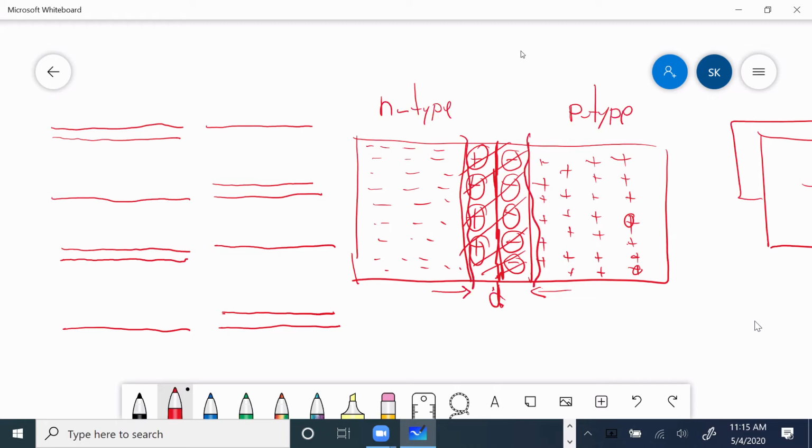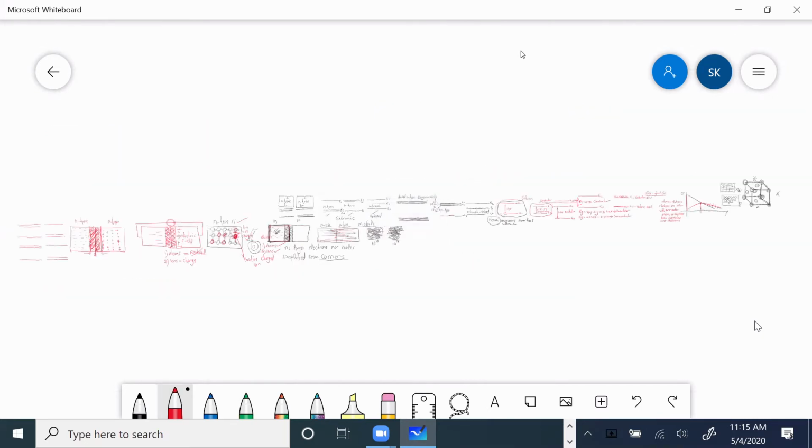Where is the Fermi level in that region? What happens to the Fermi level here?